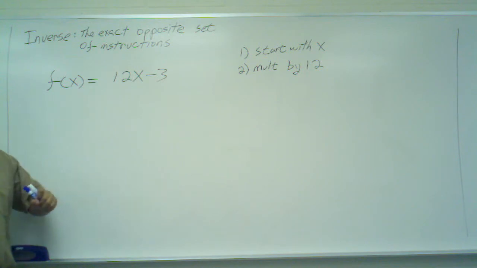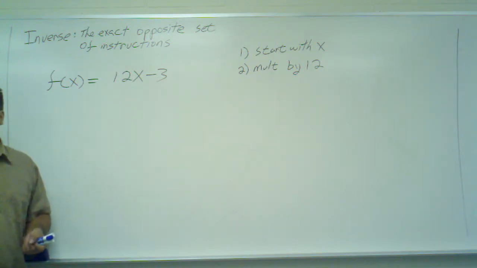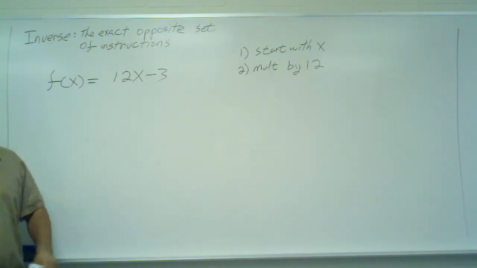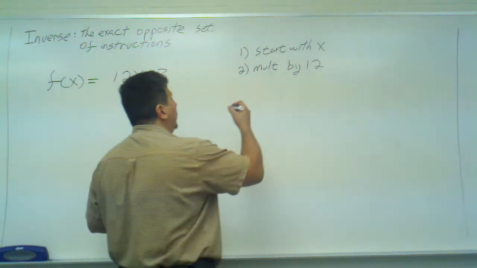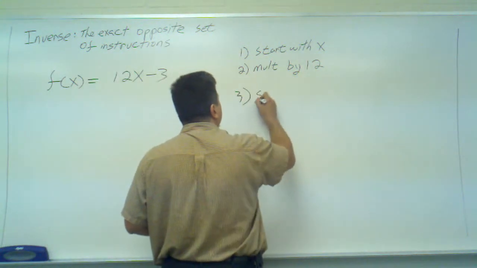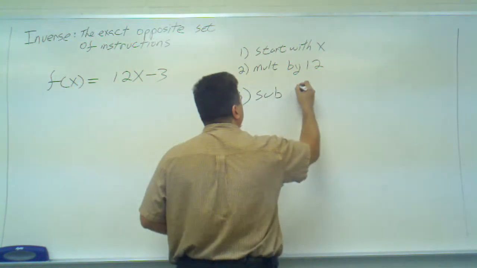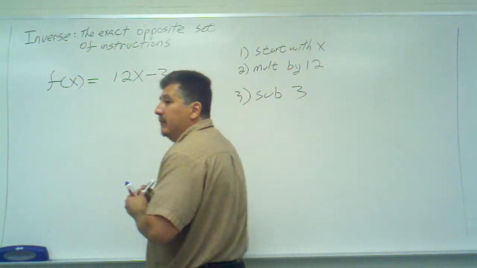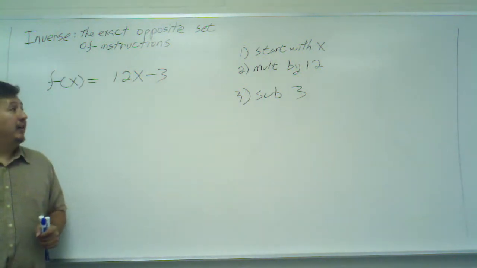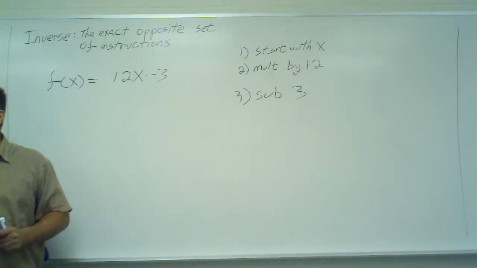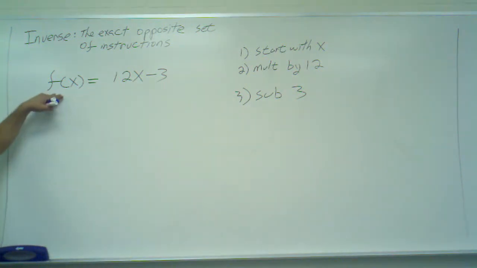Next step in our finding y. What do we do after we multiply that value by 12? We're going to subtract 3 from that value. After I've done that, I should end up with the y value.